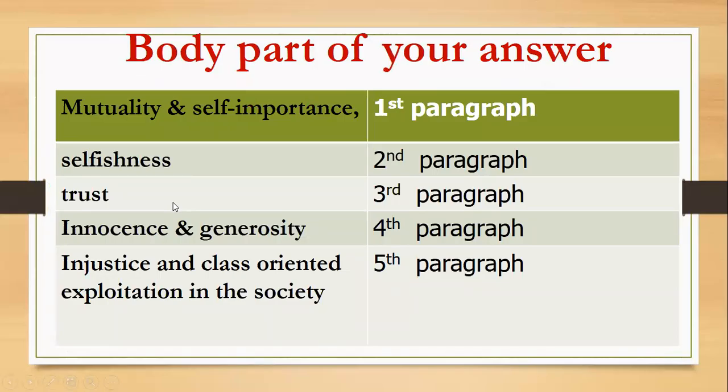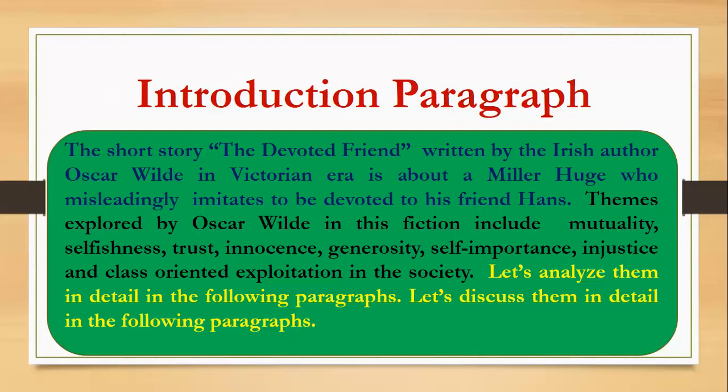For the above question, we have written the introduction paragraph. Now, we will study how to construct the body part of your answer. As I told you earlier, in the second sentence, you have mentioned themes such as selfishness, trust, innocence, and generosity.